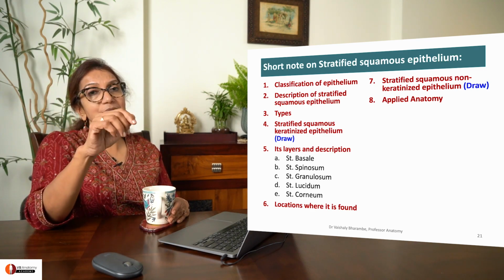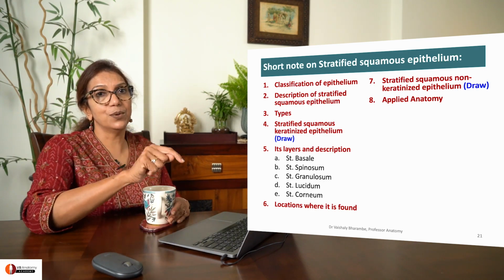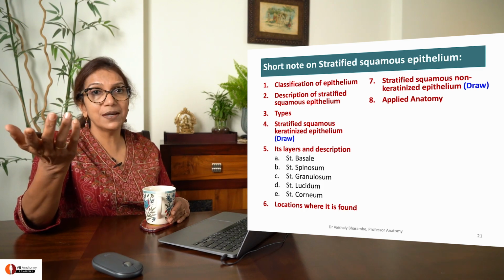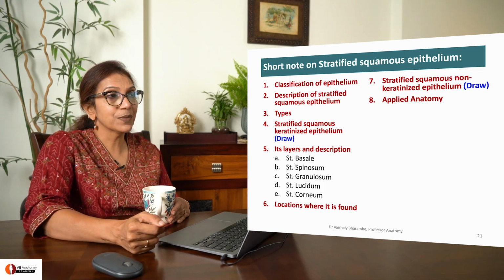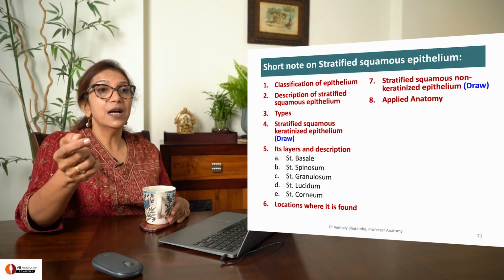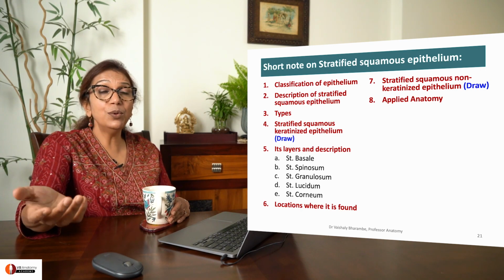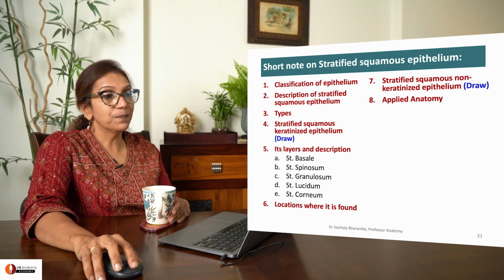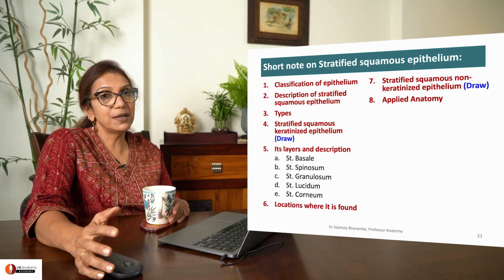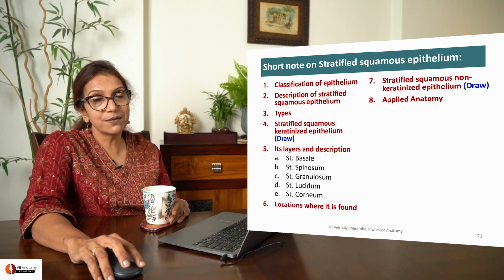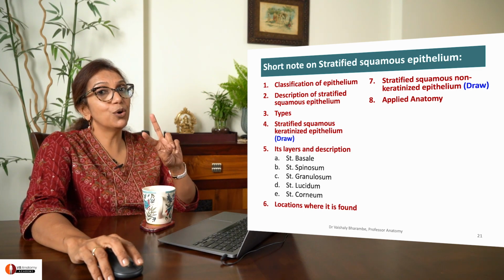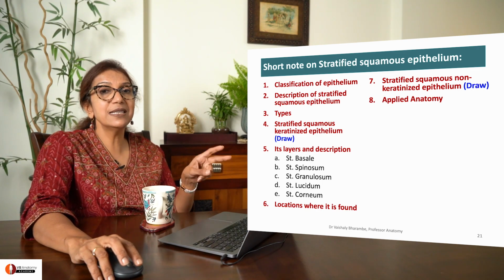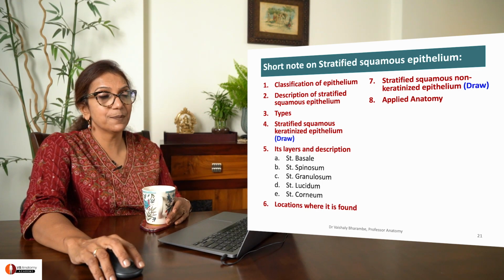Describe the locations where it is found and why it is found. You can discuss thickness of keratin also, like we did today. Then non-keratinized, again locations where it is found and why it is found there. Finally, applied anatomy, vitamin A deficiency, exfoliative cytology. Remember to draw both the diagrams, keratinized as well as non-keratinized.